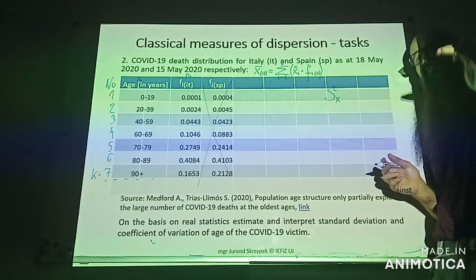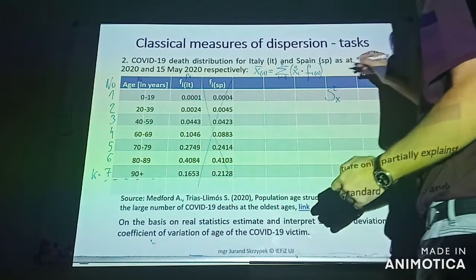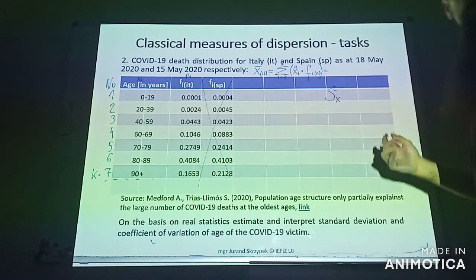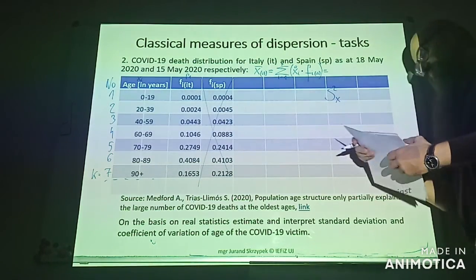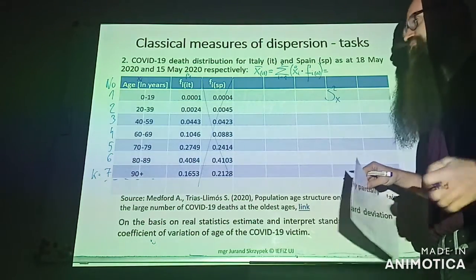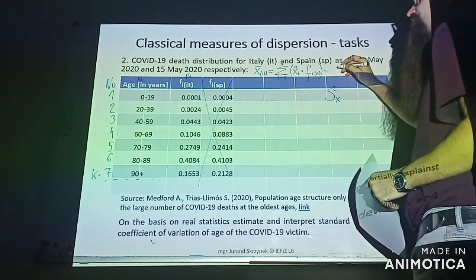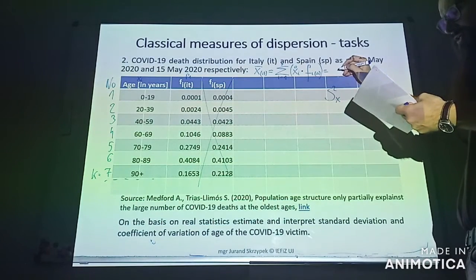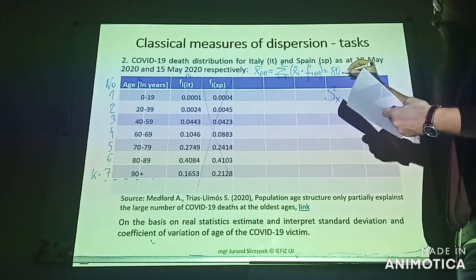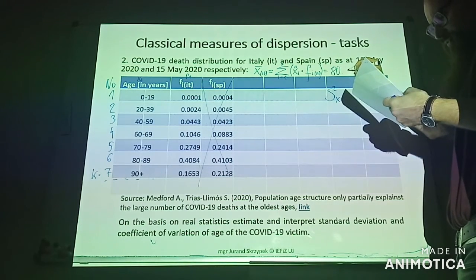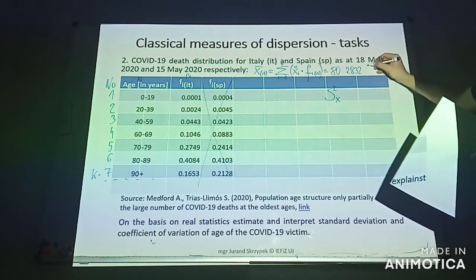Yeah, but of course, I have repeated this many times, so I don't want to show you this once again. Please trust me or check it out at home. The average age of COVID-19 victims in Italy is about 80.2832 years.